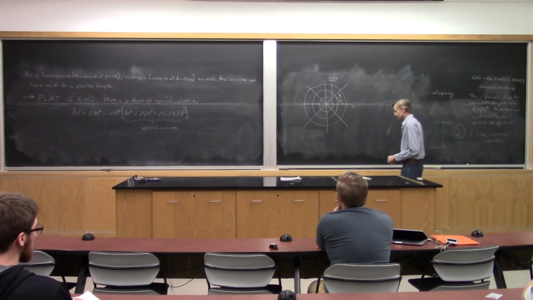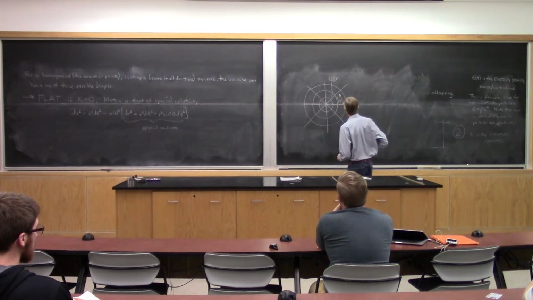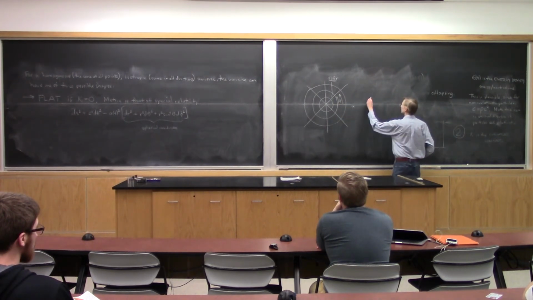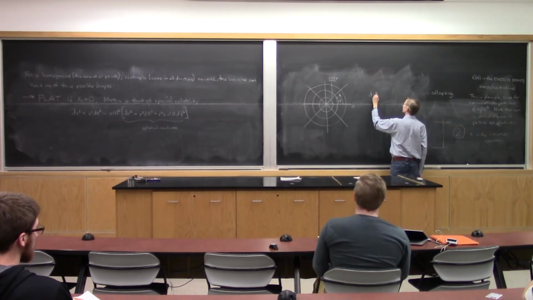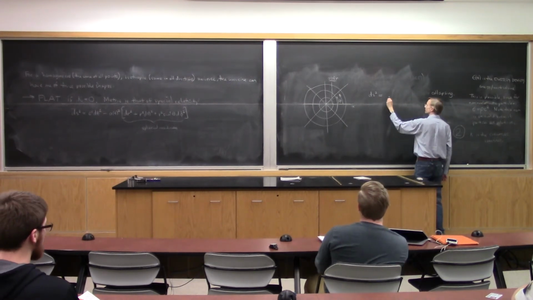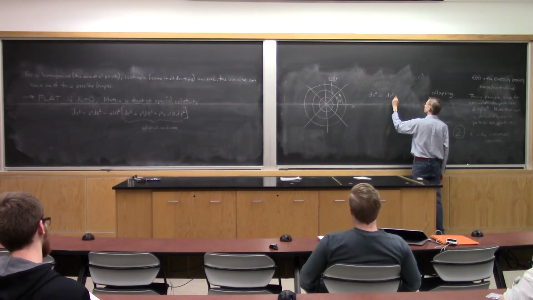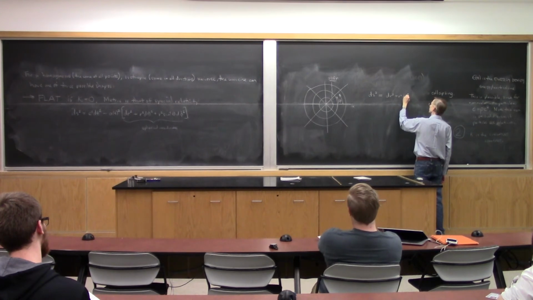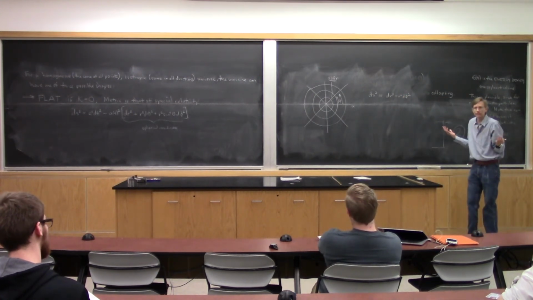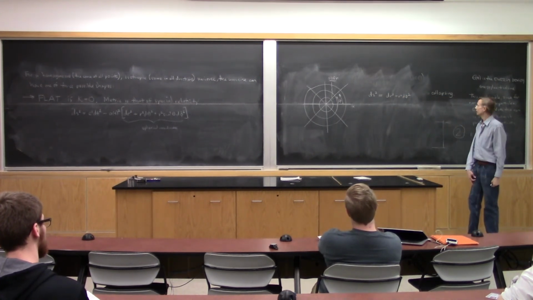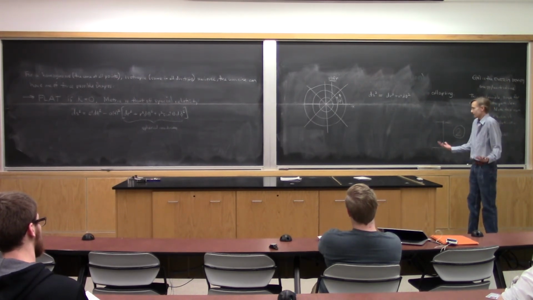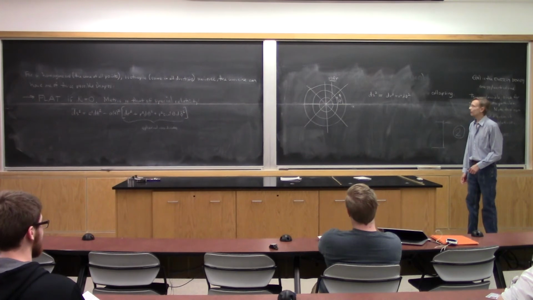And so the metric on the rubber sheet, just for spatial distances, for ordinary polar coordinates, is dr squared plus r squared dphi squared. That's the ordinary polar coordinates metric, distances in polar coordinates.